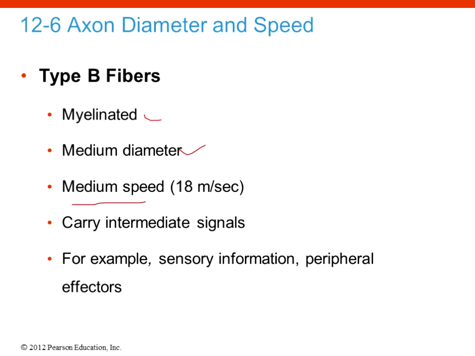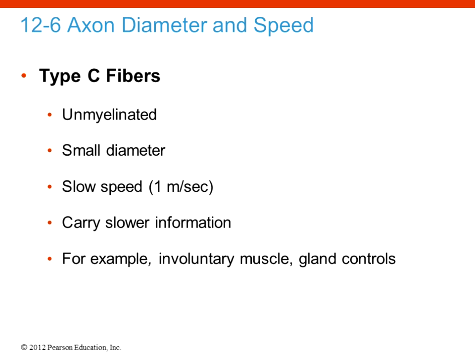So sensory information, peripheral effectors can have type B, and then type C fibers are unmyelinated fibers and have a smaller diameter, so the speed is much slower, right? This would innervate, like smooth muscle, involuntary smooth muscle and gland control, right? The fact that when you start to sweat, it doesn't matter that it happens lightning quick, right?